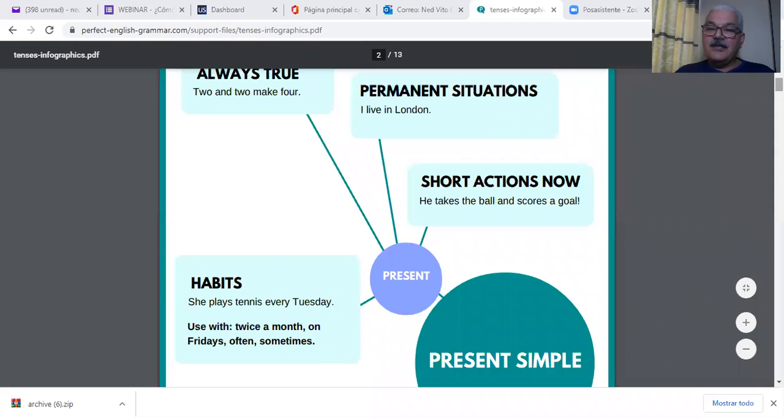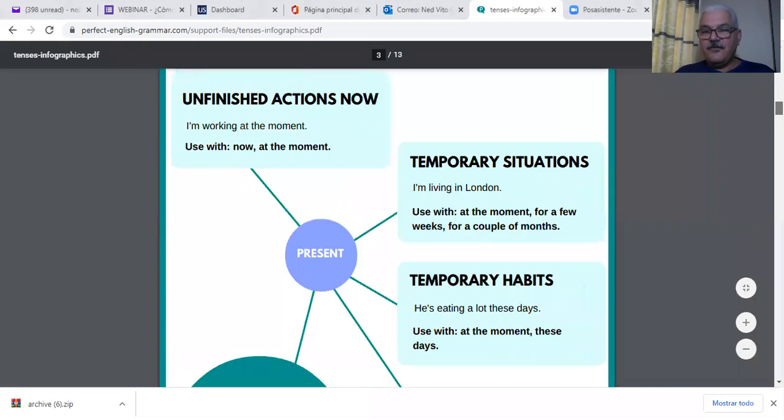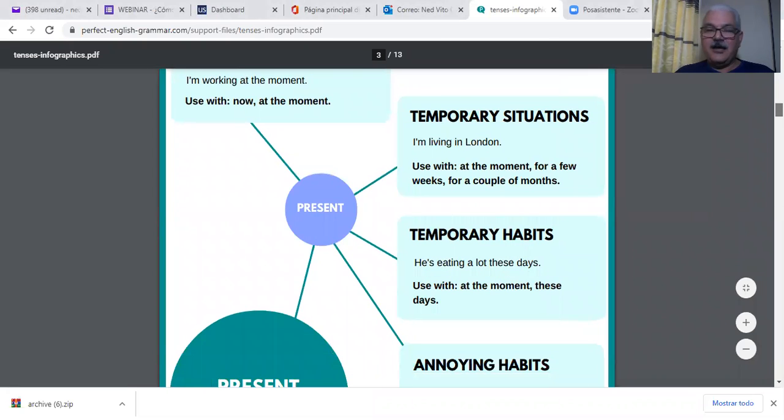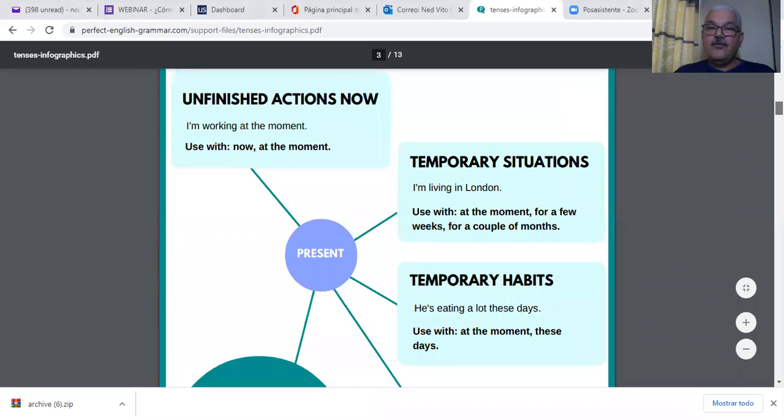Okay, then we are going to continue with our next tense. So I'm going to share with you the same analysis we have with the uses of the different tenses. We are going to get back to the future using the simple form. But we also have the present continuous. When do we use the present continuous? Well, first, when we have unfinished actions at the moment we speak.